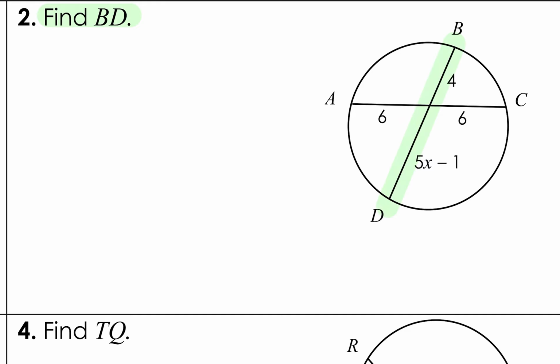Find BD. So this length here is what we're looking for. What is the length of this line? Well, in this case, we have an intersection inside the circle. So we know that what's going to happen there is we have to multiply the 2 segments on one line, and that's going to be equal to the 2 segments on the other line multiplied.